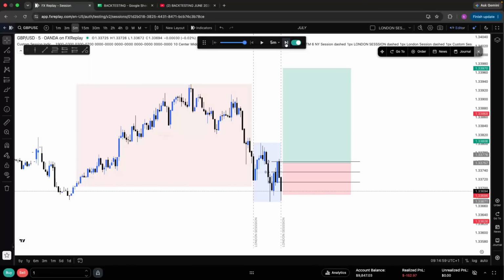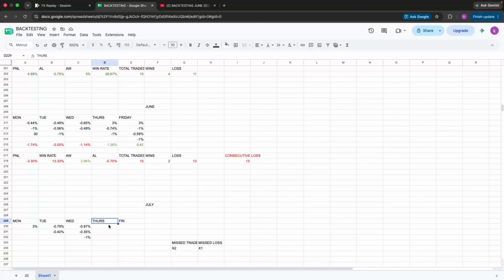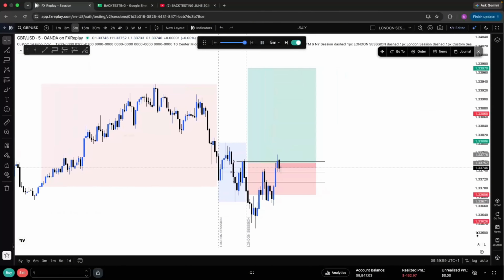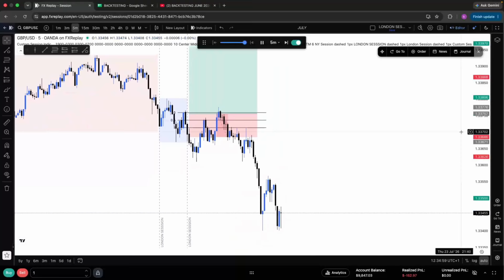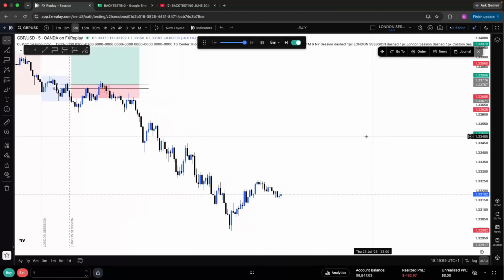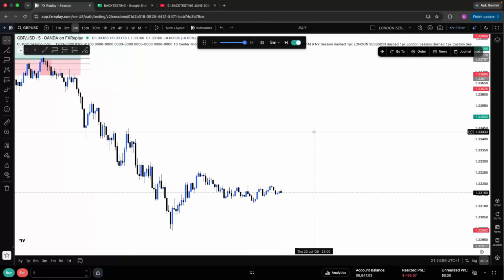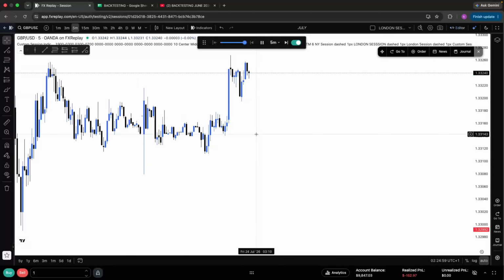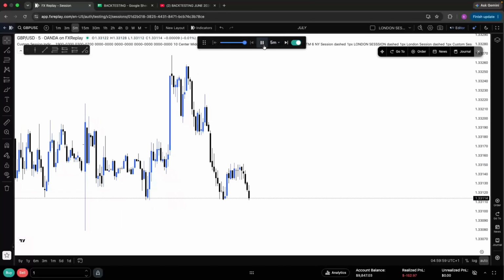It's tagged us in and stop loss instantly. So Thursday, minus 1%. So we're at minus 1.5% with I think one win this whole month, which is crazy, but it is what it is.